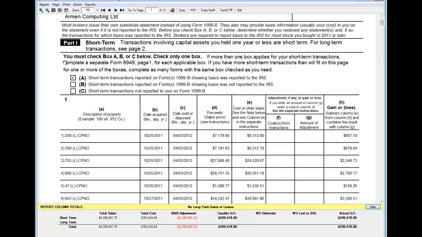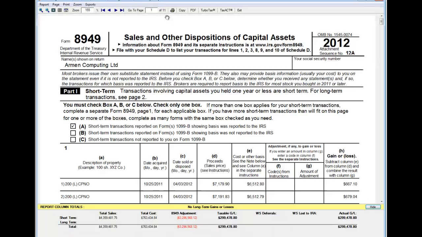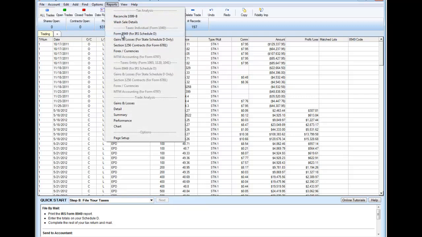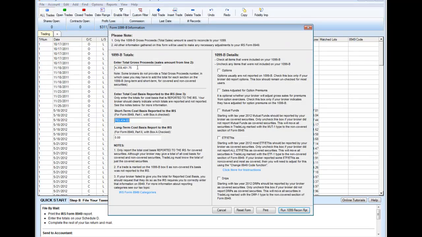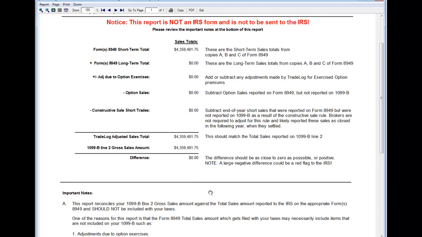Now in the sample file that we were in, when I went back and entered the 1099B information, you'll notice I entered my total gross proceeds, I entered the reported cost basis. What happened is when I run this, it balances for sales perfectly. So my sales are matching up.